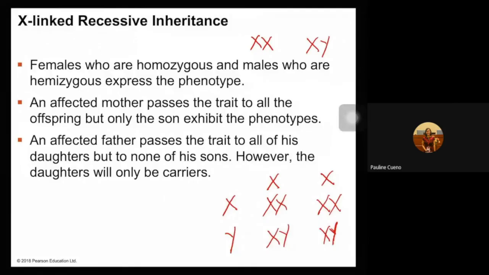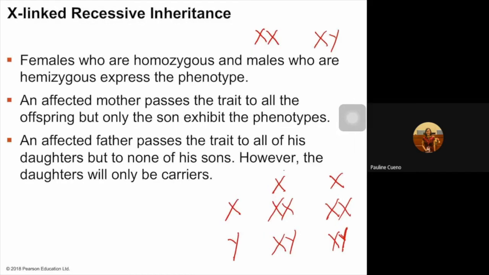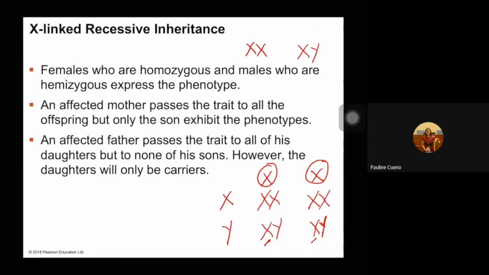And then, going back to X-linked recessive inheritance, bakit kaya pinapasa ng mother ang traits to all the offspring but only the son exhibits the phenotype? If you will observe this Punnett square, yung X chromosome ng lalaki, nangagaling siya sa nanay. Okay? Yung X chromosome na yun, nangagaling lang yan sa nanay.